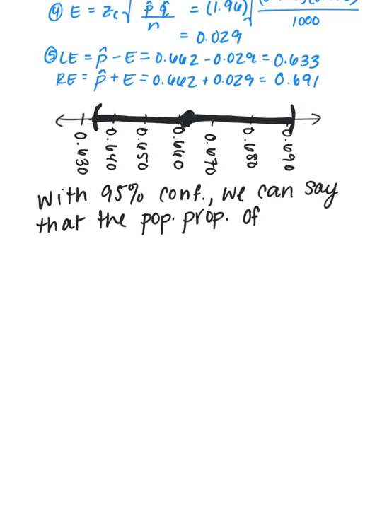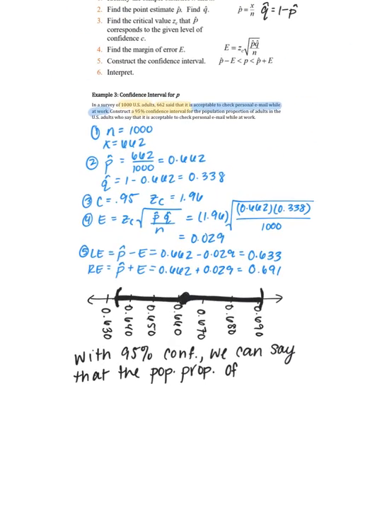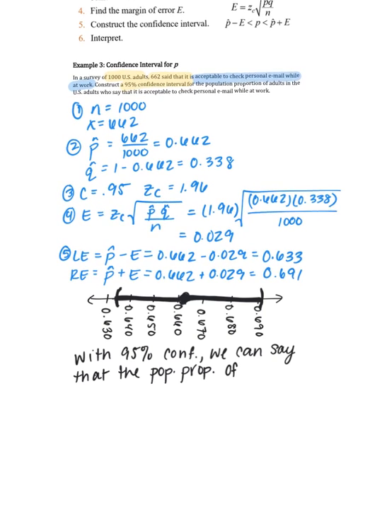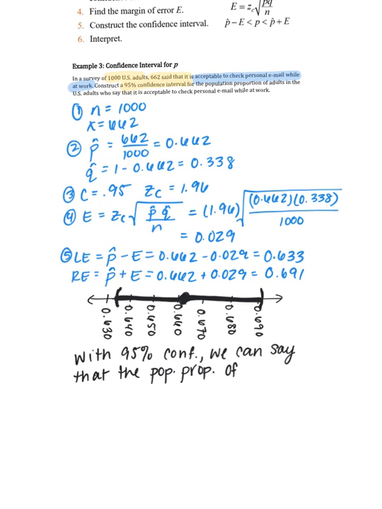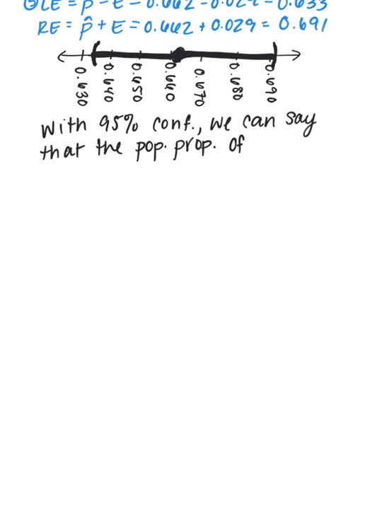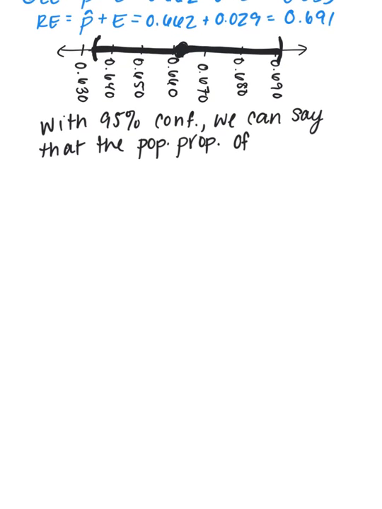You guys have to go back and read the context of the problem. So I kind of highlighted that in blue for you to see a little bit better. It says, U.S. adults who think that it is acceptable to check personal email while at work. That's what goes here.